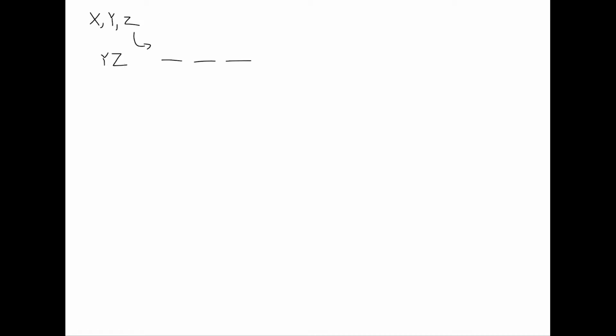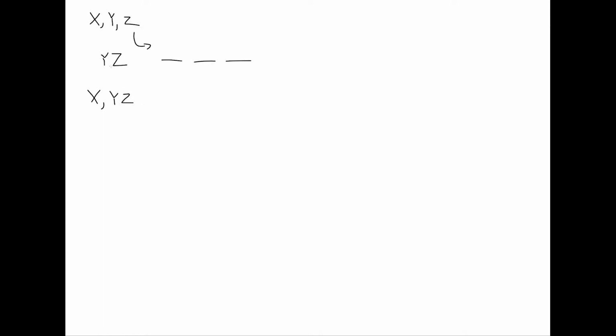So Y and Z must be together in the order Y then Z, so Z cannot come before Y. So how are we going to deal with this? Well, we can think of YZ as its own element. So instead of x, y, z, we can just think of it as x comma yz, where yz is its own element.